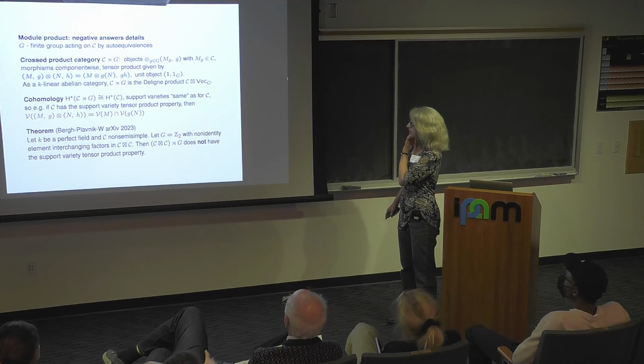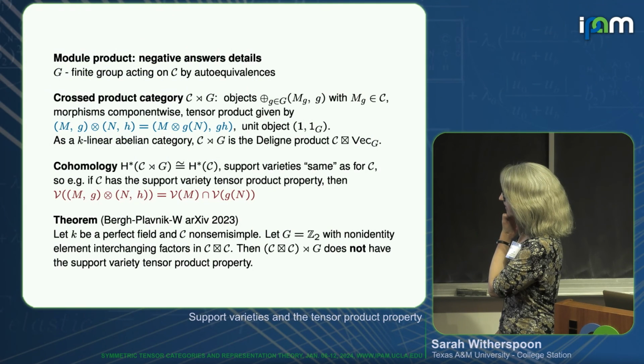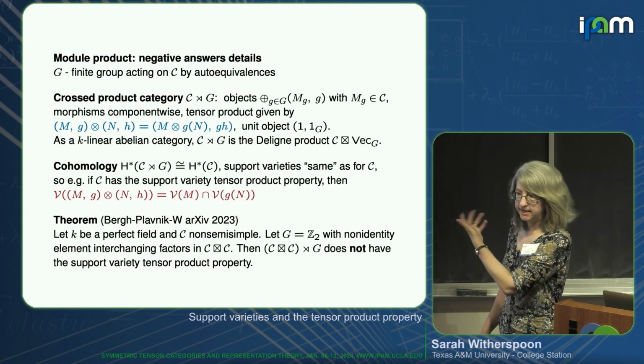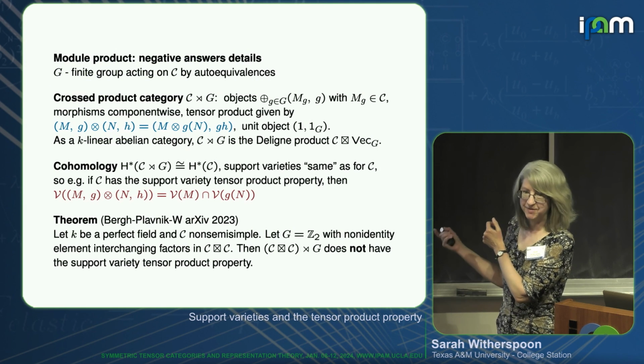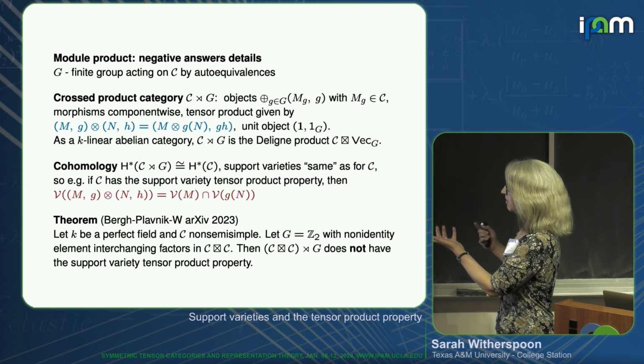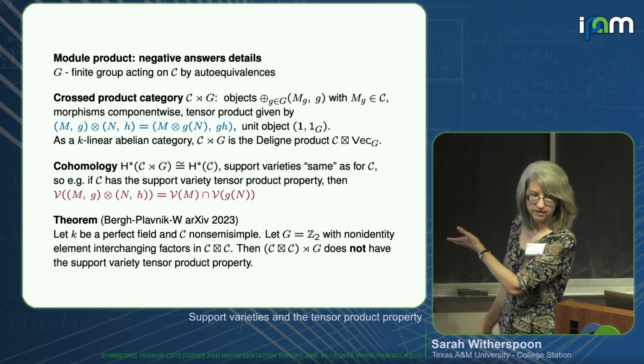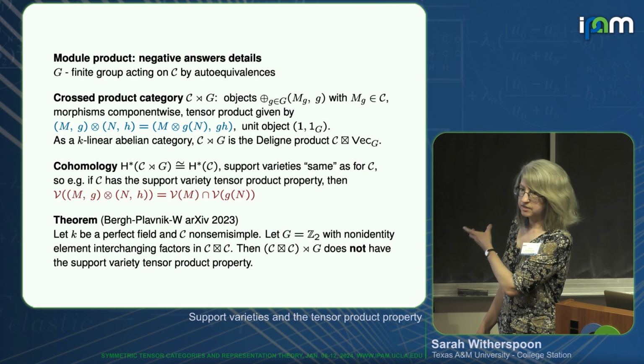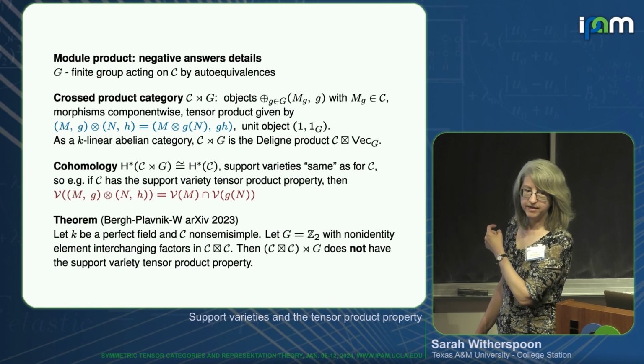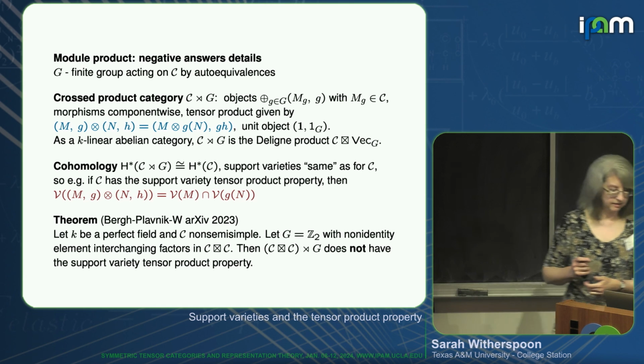I believe that someone has looked at the Drinfeld double of one of these, and then it becomes braided, and what you said reminded me of the Drinfeld double. It becomes braided, and then I think you're back. You don't have a counterexample anymore to the tensor product property, but I haven't looked at any of the details. I don't know if that answers the question.